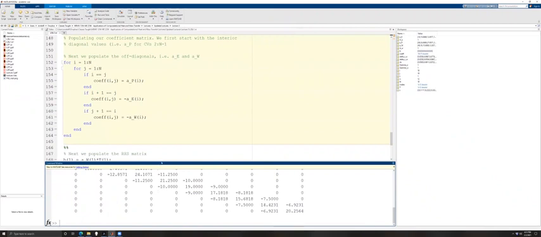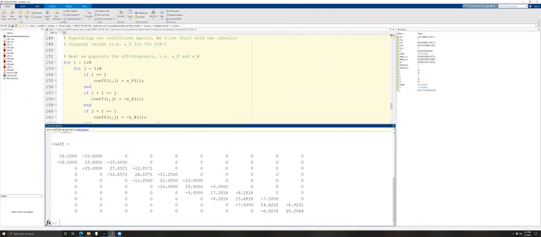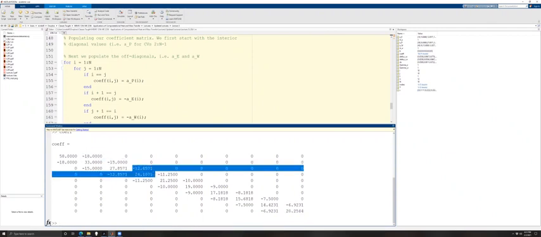If we look at our coefficient matrix, it's going to look drastically different, right? Our values for AP, if we look at the interior, none of them are the same. If we look at A east, none of its values are the same.